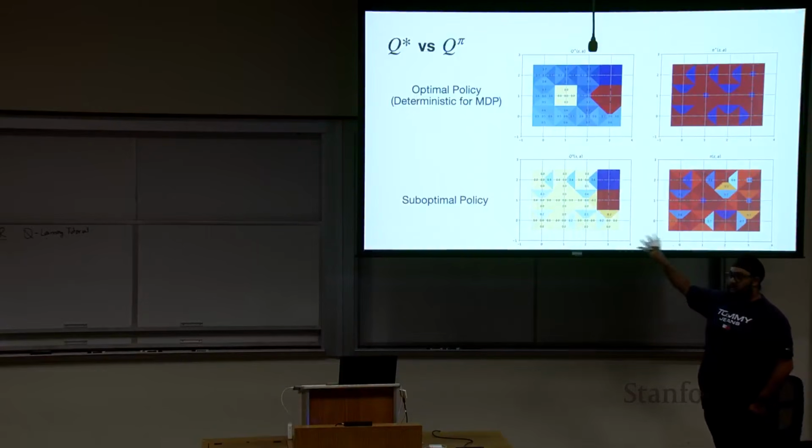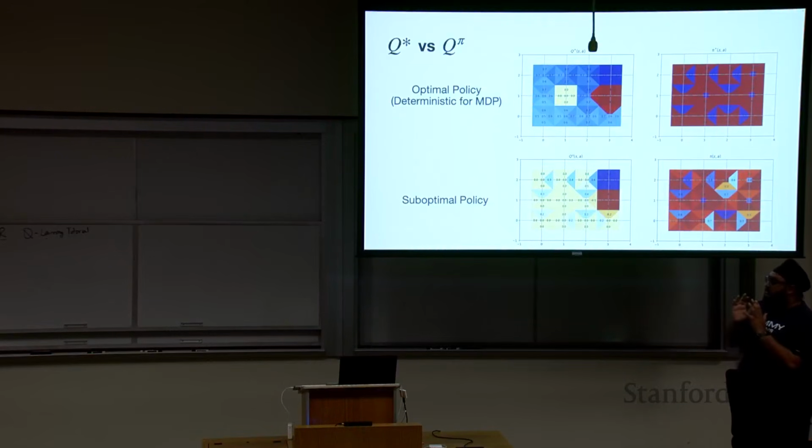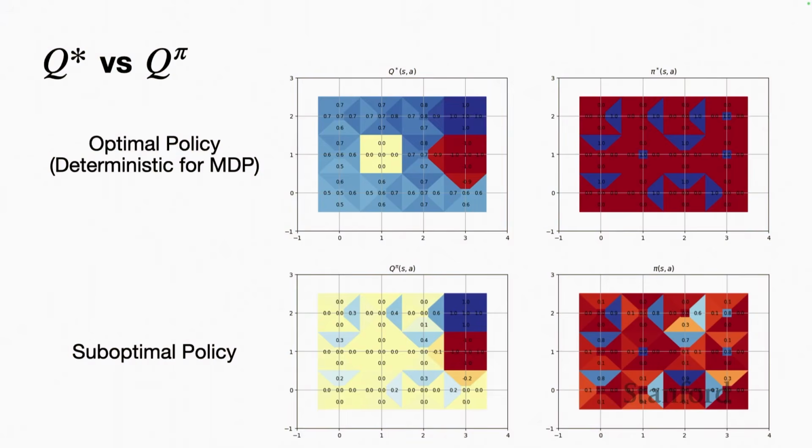So if I wanted to learn an actor-critic style algorithm, for example, I could use this critic that's conditioned on a particular policy to tell me what actions might be better than the ones that I'm taking, and use that to update the policy to do one step of improvement. Q star, on the other hand, has converged, so the optimal policy can no longer be updated. This is just to give you a sense of what the different notation means. So Q pi just relates to the current policy, whereas Q star is the optimal one.